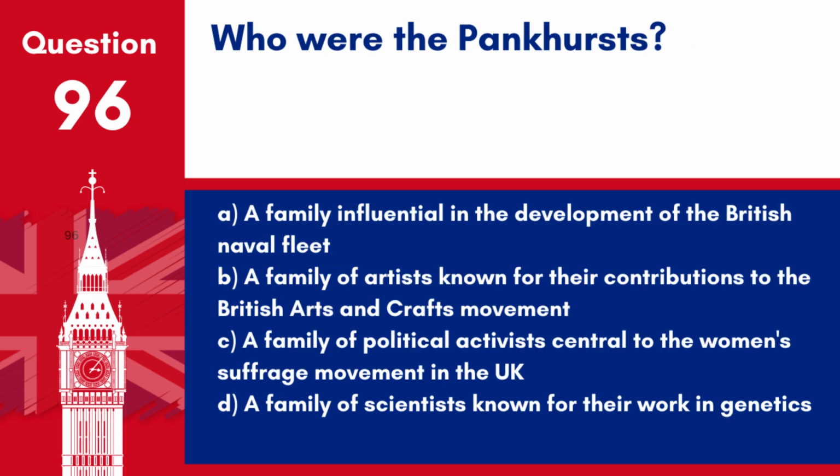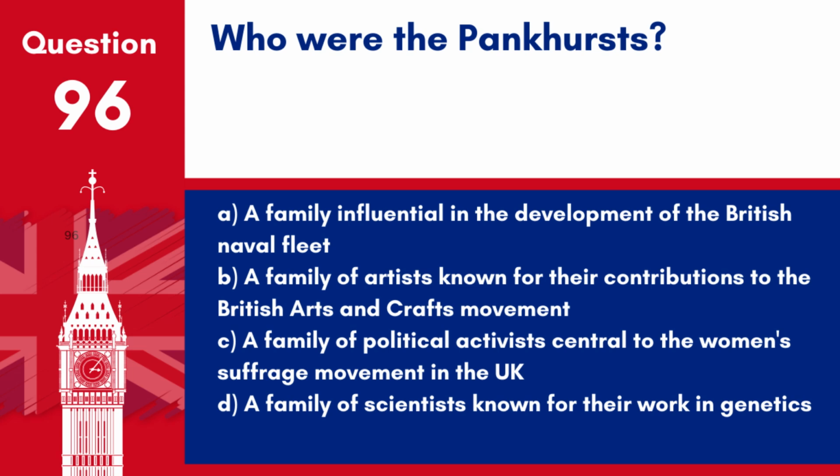Question 96. Who were the Pankhursts? A. A family influential in the development of the British naval fleet. B. A family of artists known for their contributions to the British arts and crafts movement. C. A family of political activists central to the women's suffrage movement in the UK.